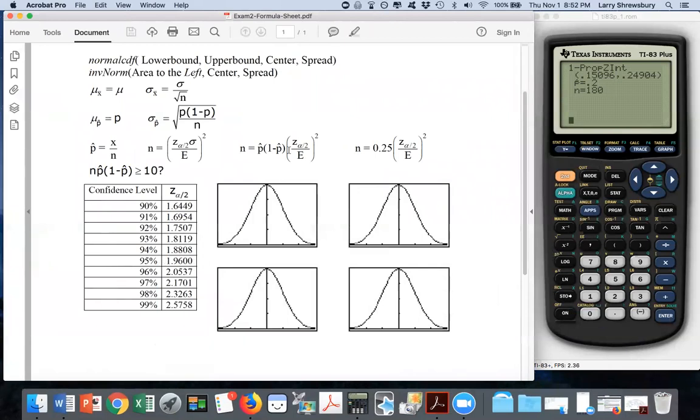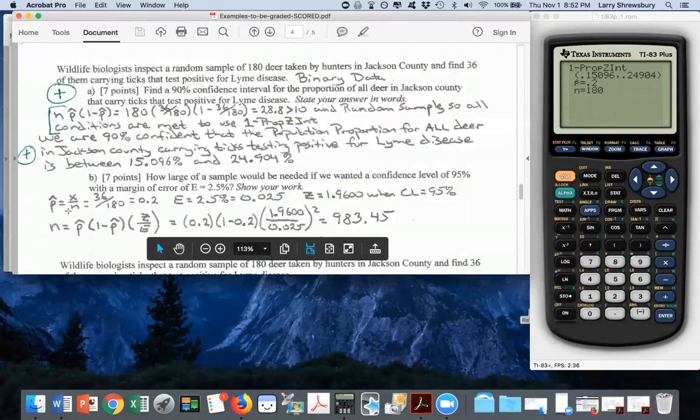And you can see they carefully copied the formula down. So they have that there. Now they're going to substitute the numbers, so it's super clear. They know p hat in decimal format is 0.2. And there's their critical value. They put that in there. And 2.5% in decimal format. So this is showing your work. You have to show the work. If you don't, you're not going to get full credit.